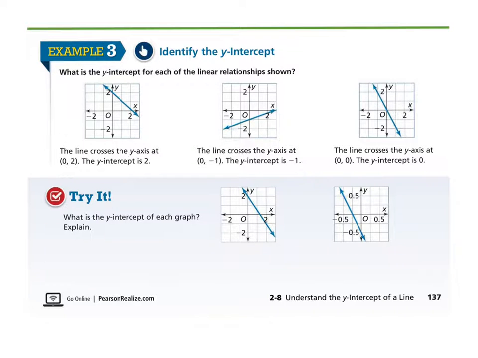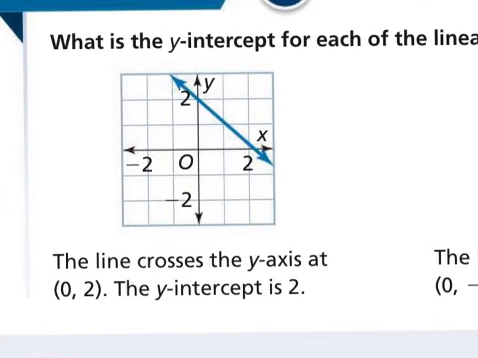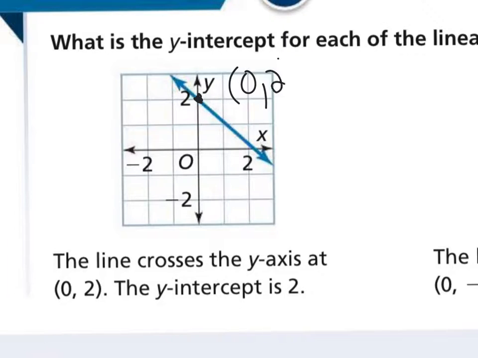Example 3 just asks what is the y-intercept for each of the relationships shown. So it's basically just a matter of understanding what a y-intercept is. The y-intercept is telling us where the graph intercepts the y-axis. Okay? So this point is (0, 2). The y value where it crosses the y-axis is our y-intercept.